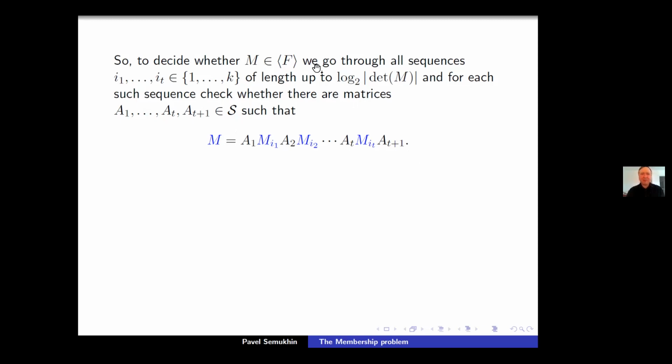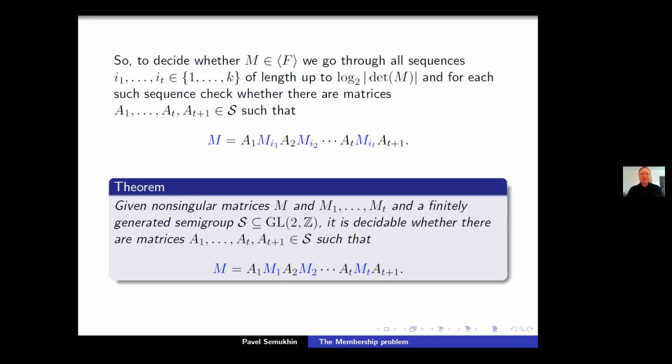If for one of these sequences there are such matrices from S which satisfy this equation, then we output that the matrix M belongs to the semigroup. In the opposite case, the answer would be no, of course.